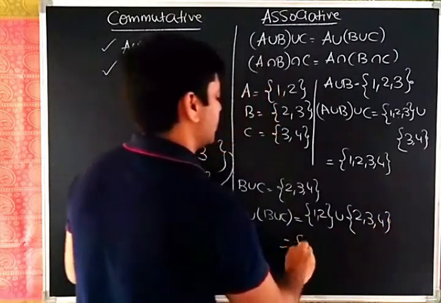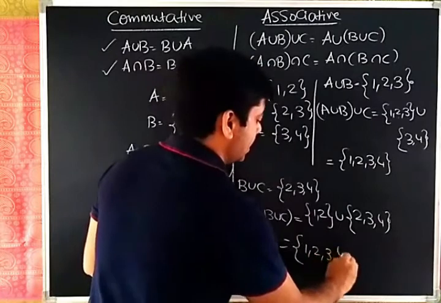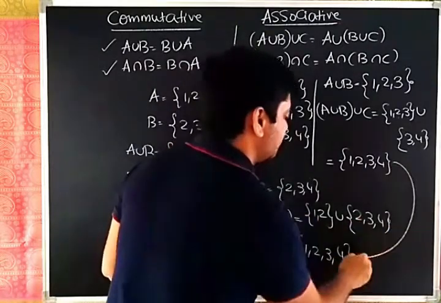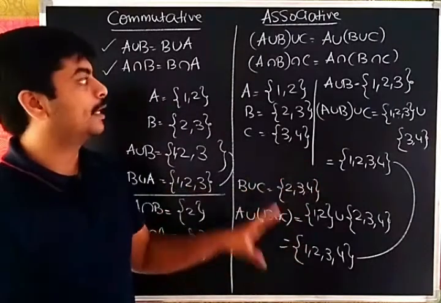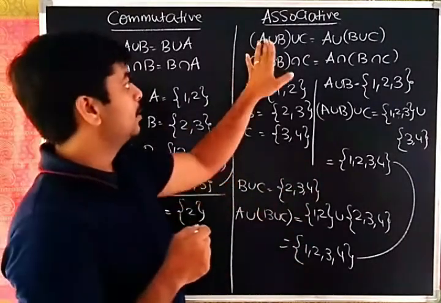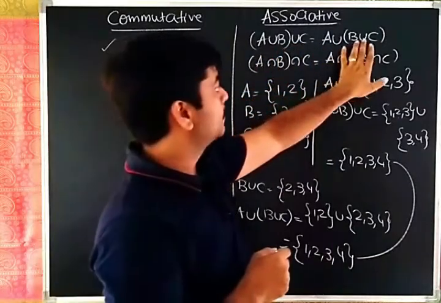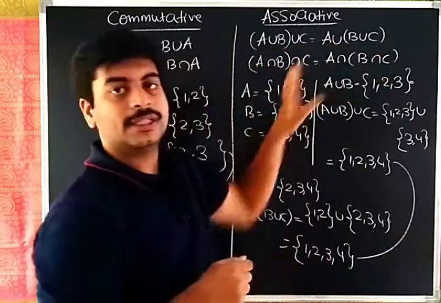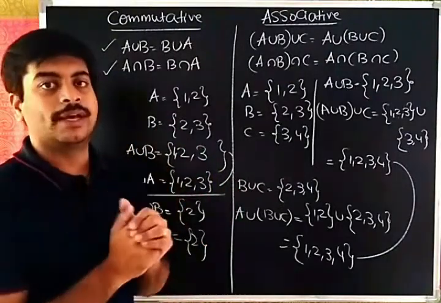So what is the union of these two? 1, 2, 3 and 4. Are these two equal? Yes, these two are always equal. That means you take a union of first two and then with the third, or take the union of second and third and then union with first, you will get the same union of elements.